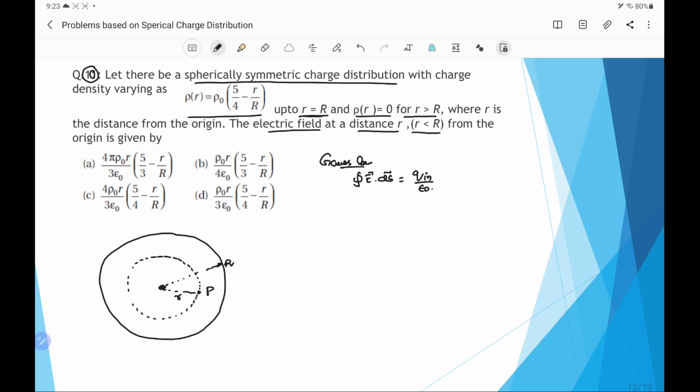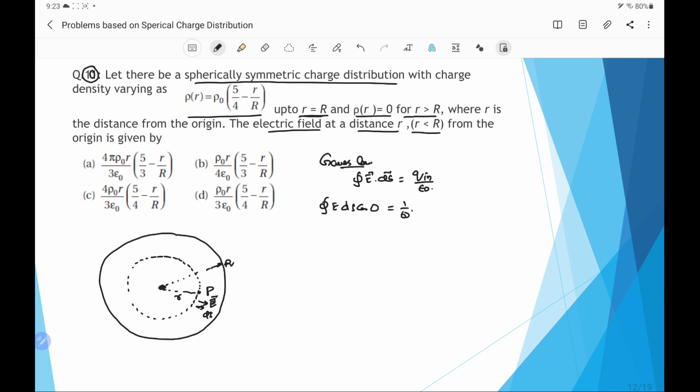For a spherically symmetric configuration, the Gaussian surface is a spherical surface, and for a spherical Gaussian surface, the electric field E and the surface area ds are both in the same direction. Therefore, the angle between them is 0 degrees.